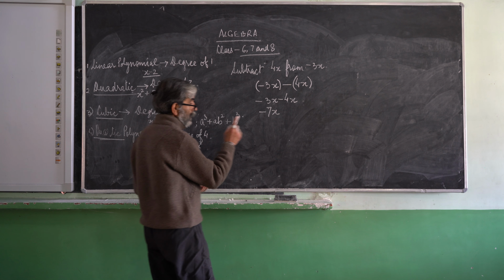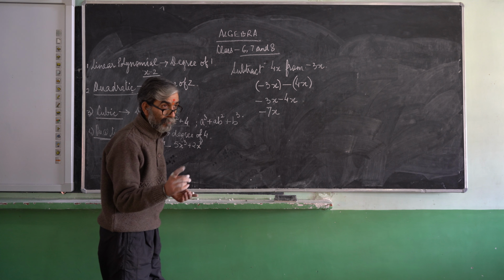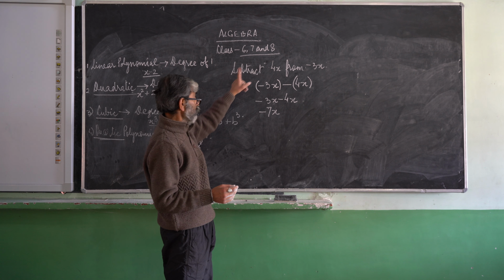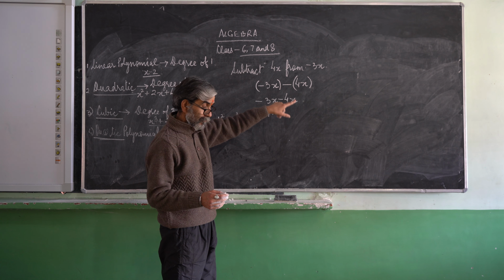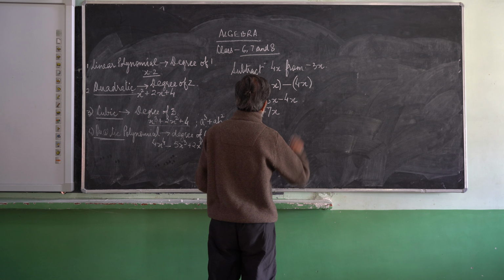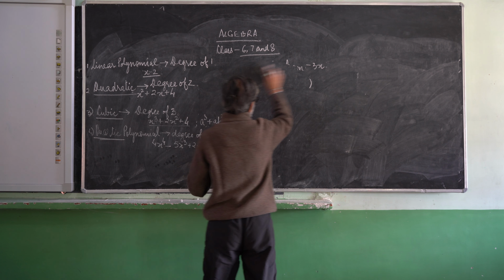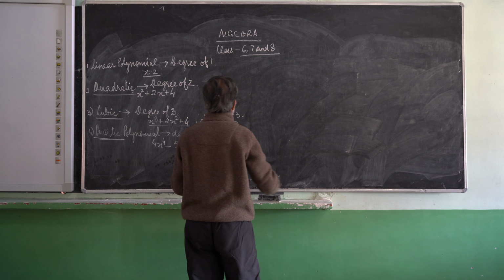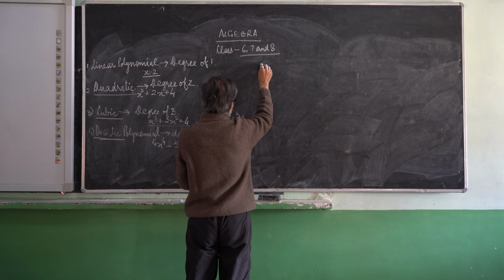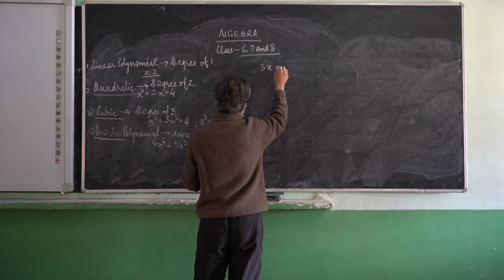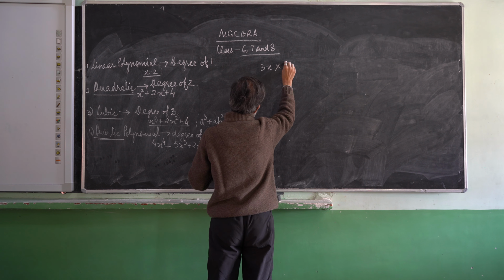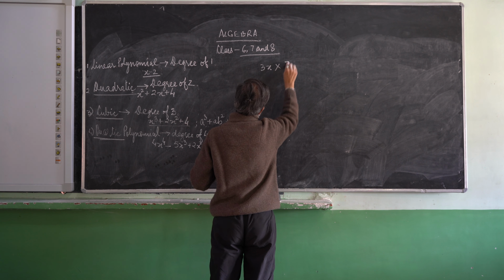I've done addition of a monomial with another monomial, subtraction of a monomial by another monomial, and then multiplication of a monomial by another monomial. 3x multiplied by 7x.